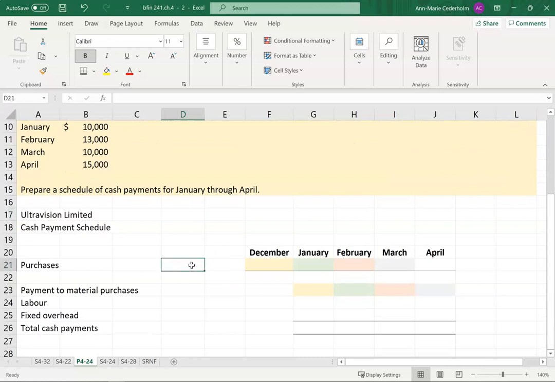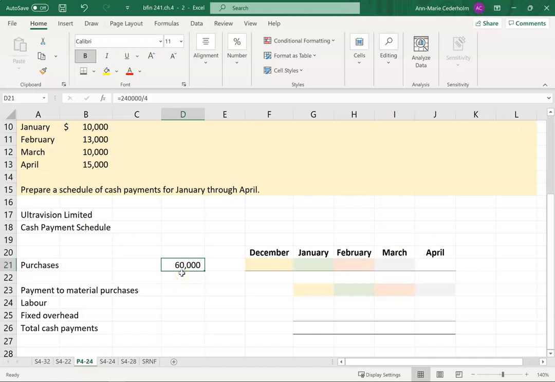Basically, my sales from January through April are $240,000. If I divide that by the 4 months, that means my sales for each month is $60,000. So that's January, February, March, April.